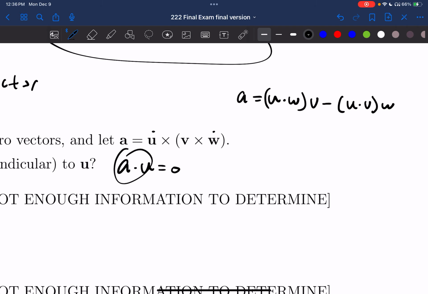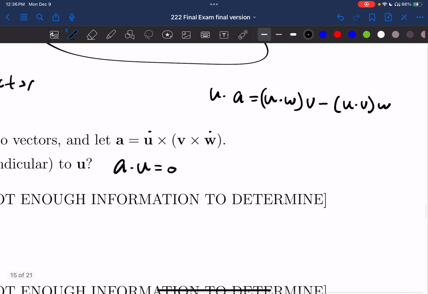If we need to know what A dot u is, let's take the dot product with u on both sides. So we can see here, u dot A is going to be equal to u dot w.